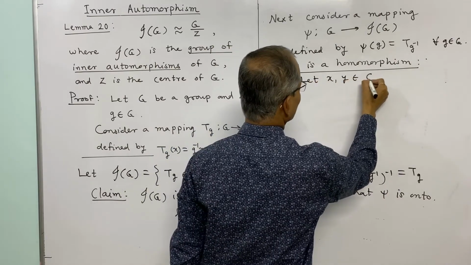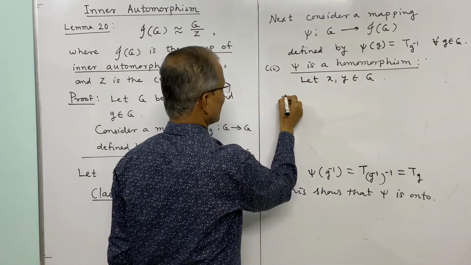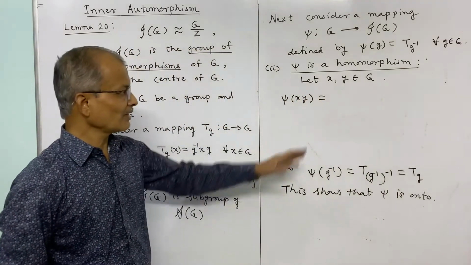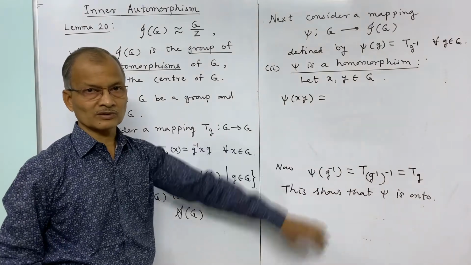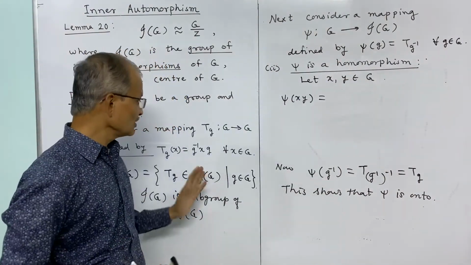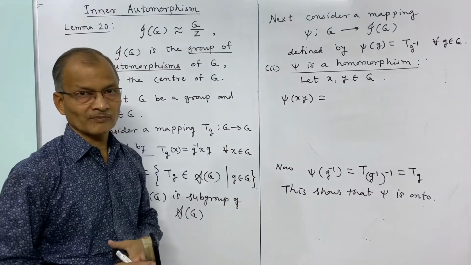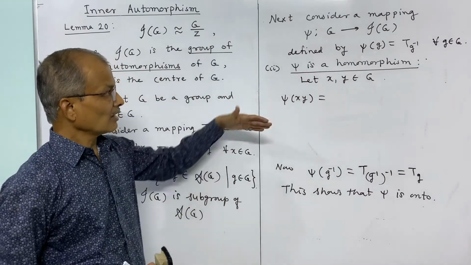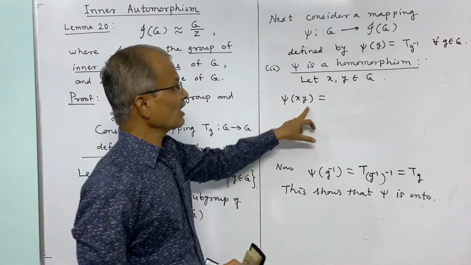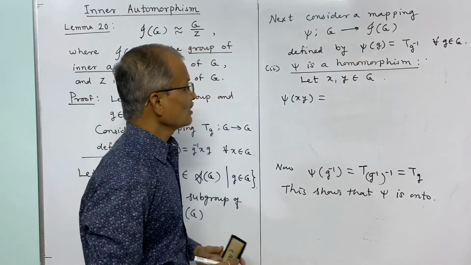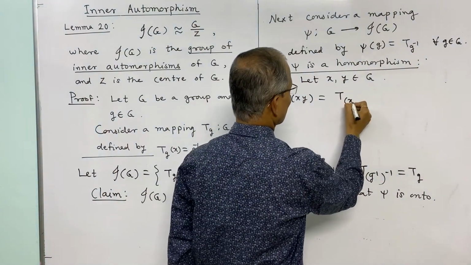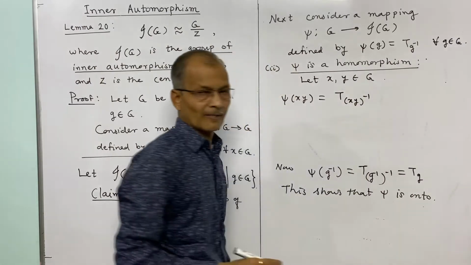We will consider psi of xy, and for the multiplicative property we will show psi of xy is psi of x into psi of y. So use the definition of psi. We are using the definitions of mapping each time. Earlier we have used this definition, now we are using psi. Psi of xy is defined by this, so this is T of the inverse of xy.